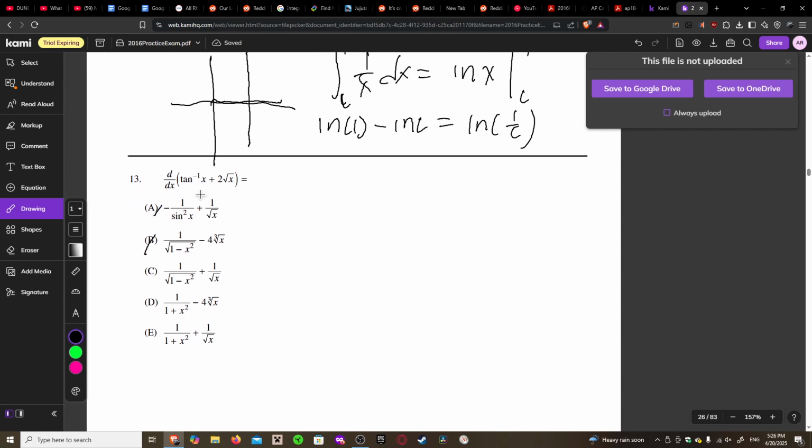Immediately, this is wrong, this is wrong, and this is wrong. It's going to be one of these two answers, which is just d dx equals 1 over 1 plus x squared, negative 1 over 2 square root x.